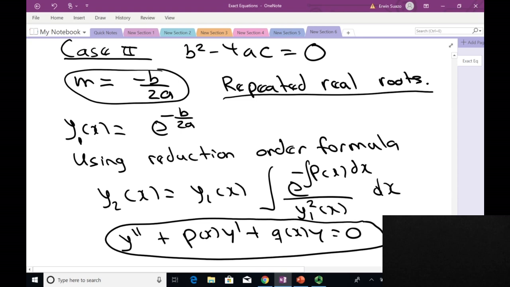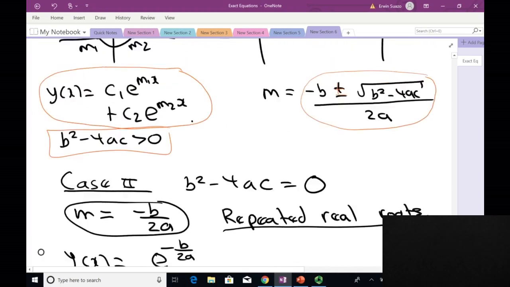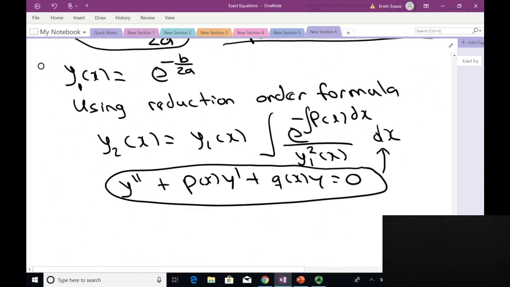So that's the formula for this, right? In this case, what is p of x? How does my general equation look?